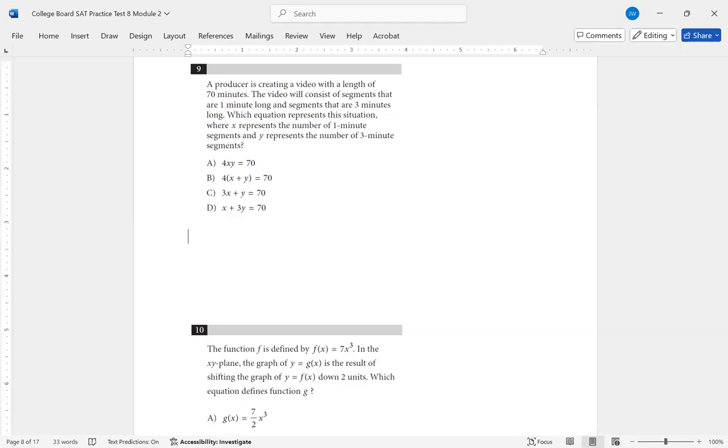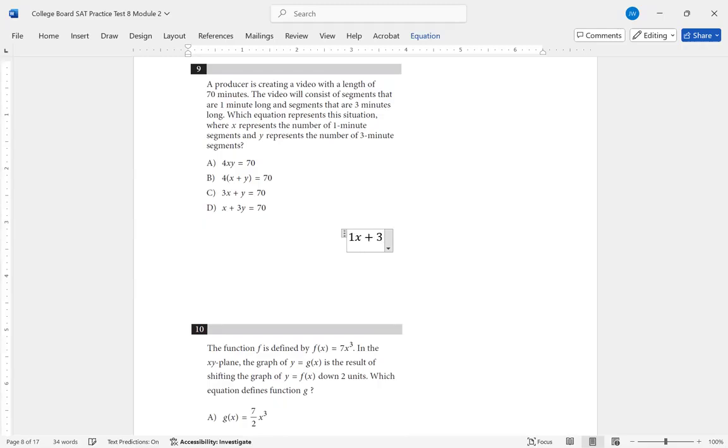So if we're talking about total number of minutes, there's 1 minute times each x, meaning the number of 1 minute videos times 1 is going to be the total number of minutes in the 1 minute video segments.